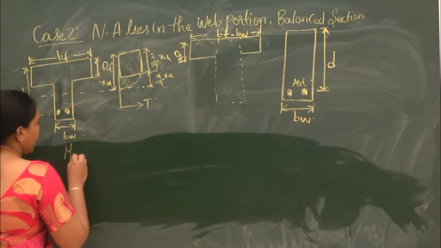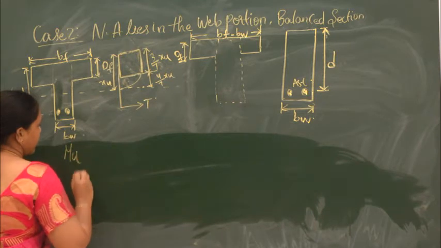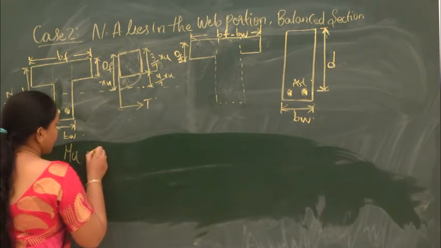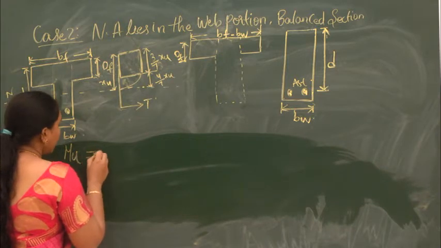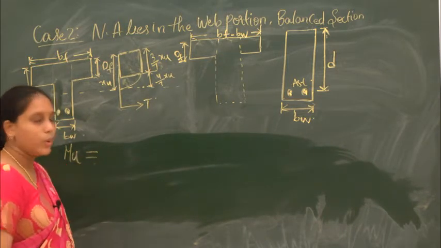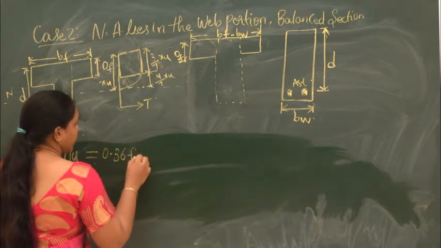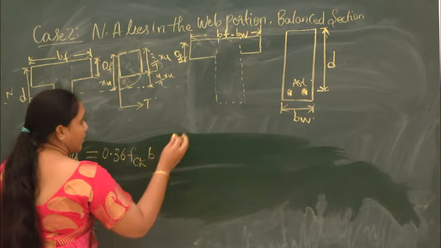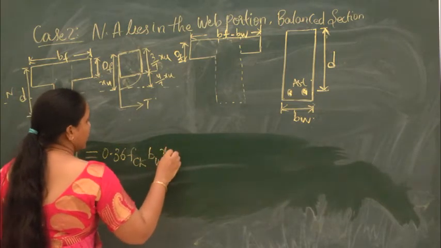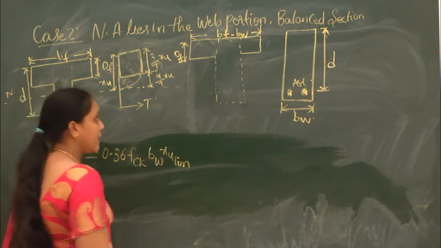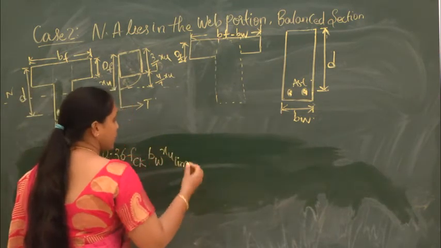So the moment of resistance, that is Mu, with respect to concrete, will be equal to 0.36 FCK BW XU limit into the lever arm. So for this, what will be the lever arm, which we have already learned?